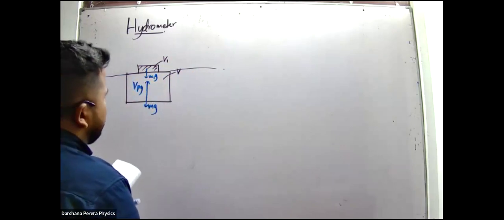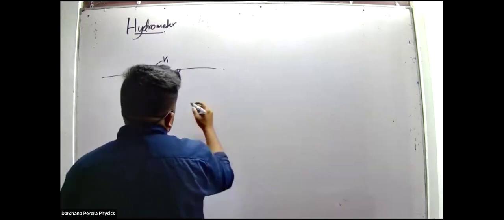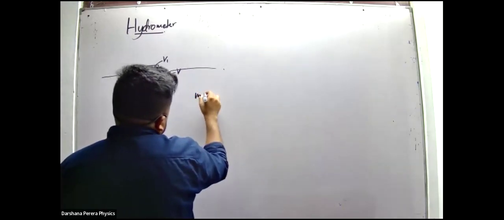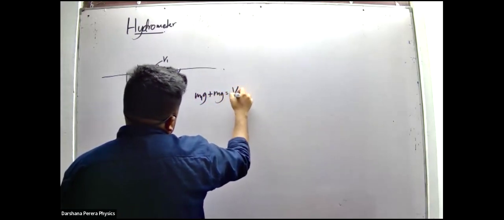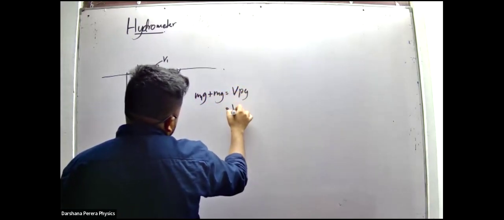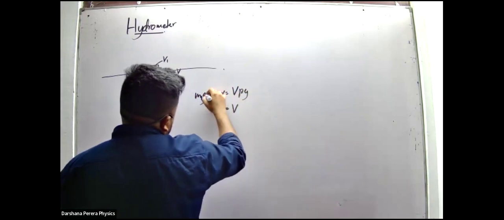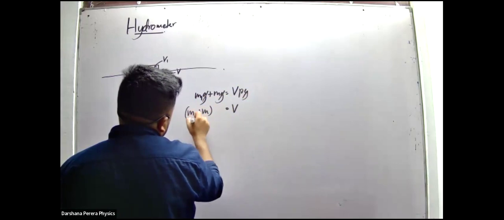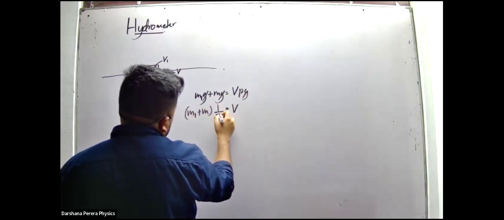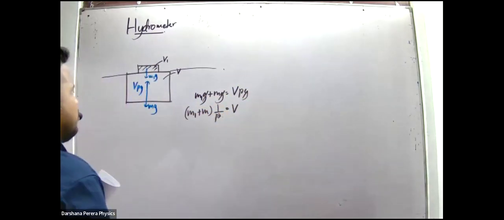So let's think about that one. m1 g plus m g equals V rho g. The displaced volume is (m1 plus m) over rho. Okay.